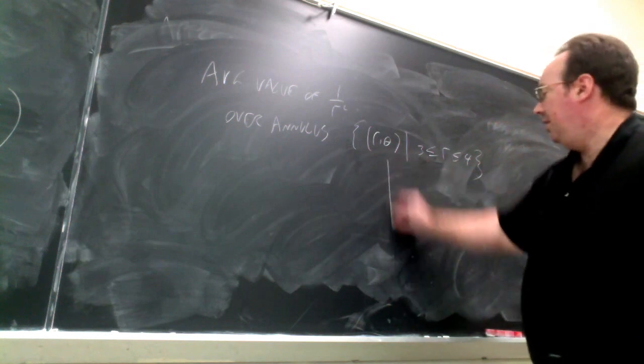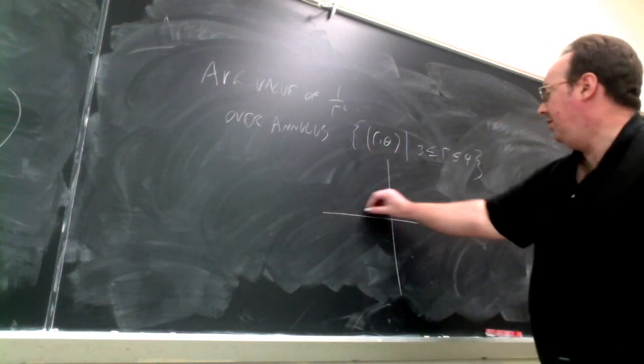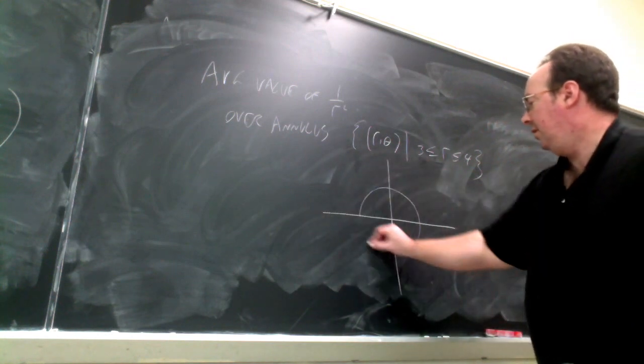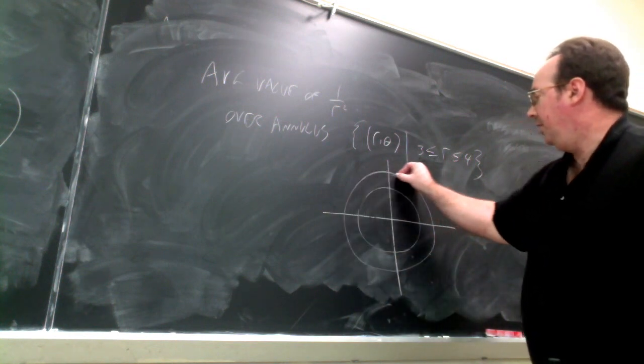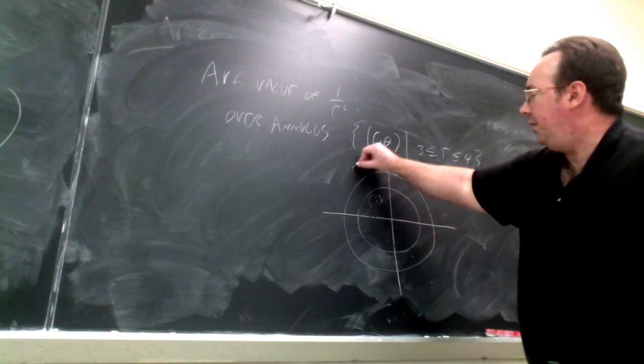So what we're looking at is two concentric circles. This is r equals 3, r equals 4.